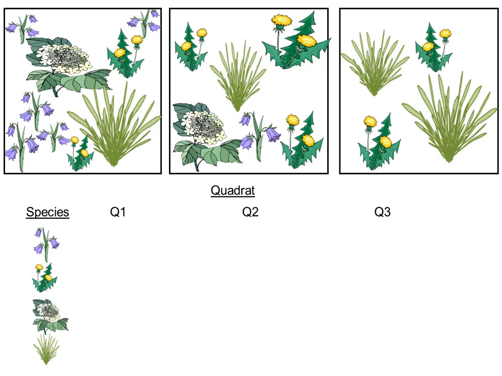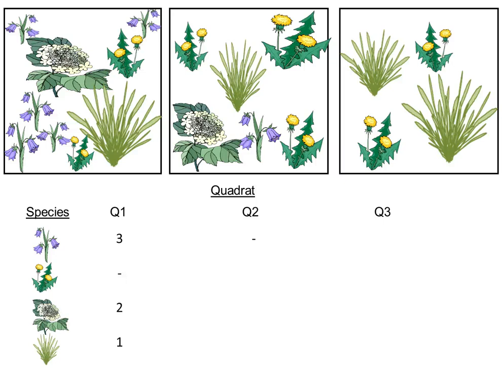For this example, we're going to use size or cover as a proxy for biomass, but we would be doing this in the field using real biomass because we're right there with the plants. So in this first quadrat, we would assign the grass the number 1 rank, the white flower the number 2 rank, and then the purple flower the number 3, because there's more of it than there is of the yellow dandelion.